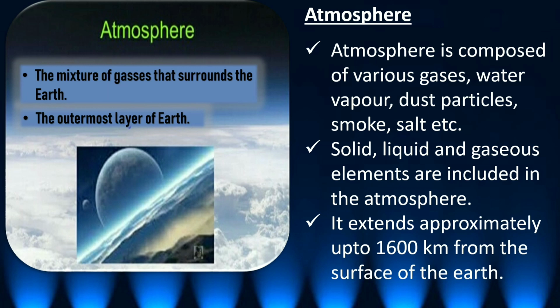In solid, you can take dust particles, in liquid, water vapor, and in gaseous elements, all the gases in the atmosphere. Now, the extent limit of the atmosphere is approximately 1600 kilometers from the surface of the earth.